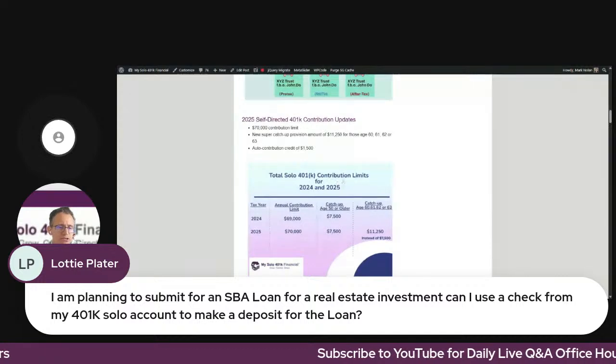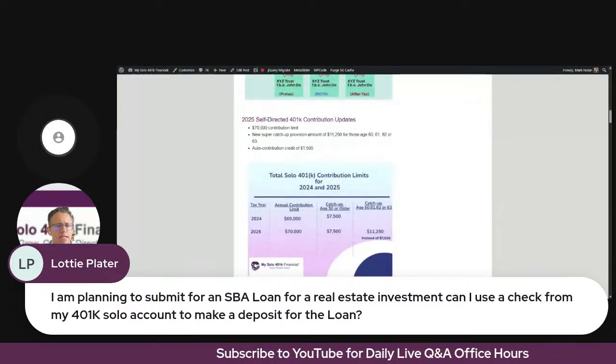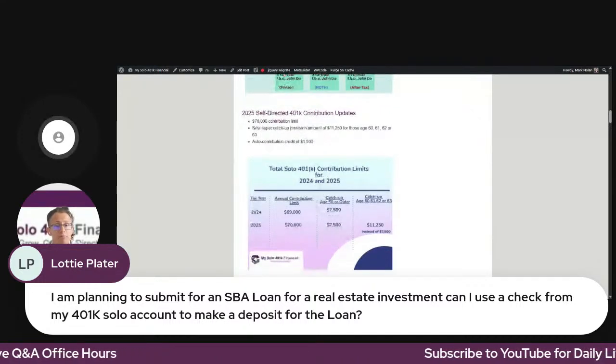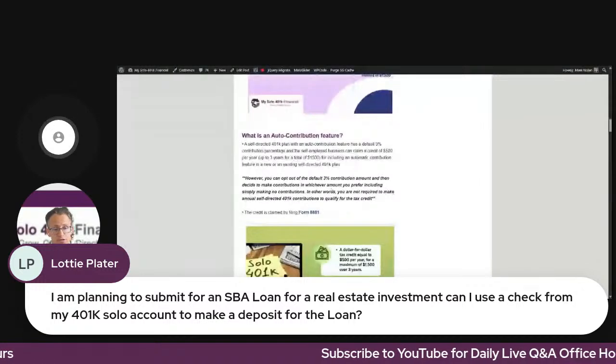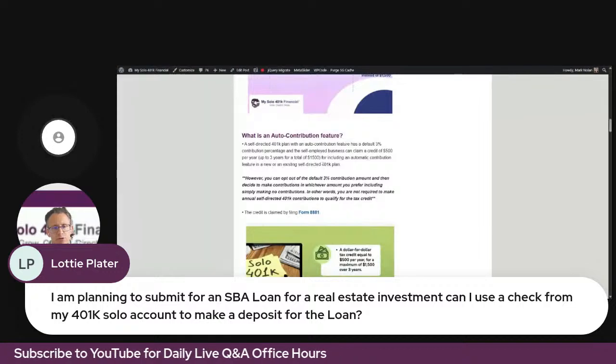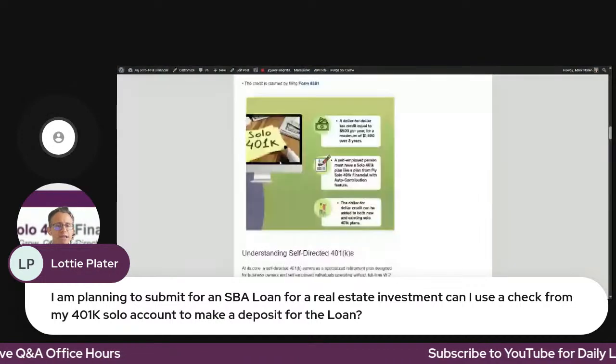Some do, like Schwab has a solo 401k that allows for Roth employee contributions, but it does not allow for Roth employer contributions.